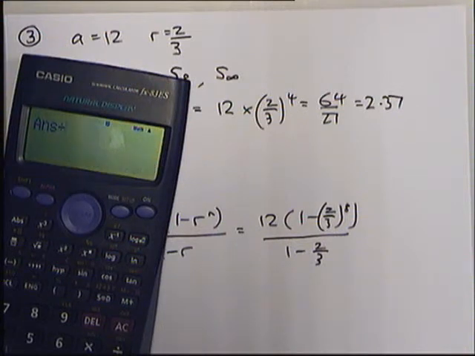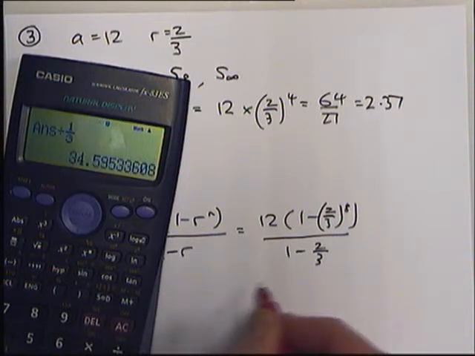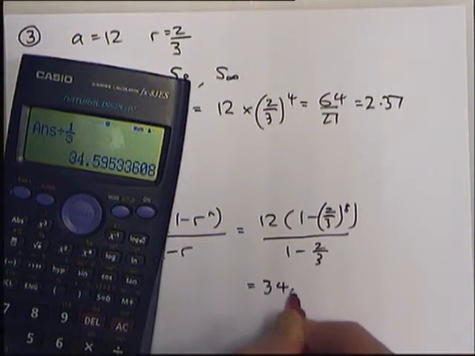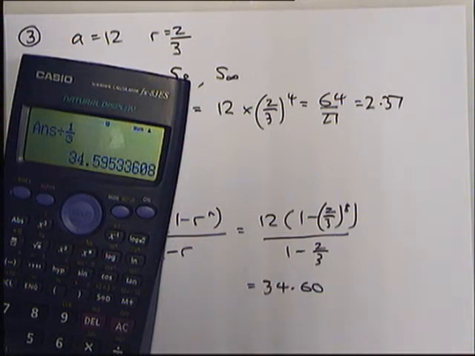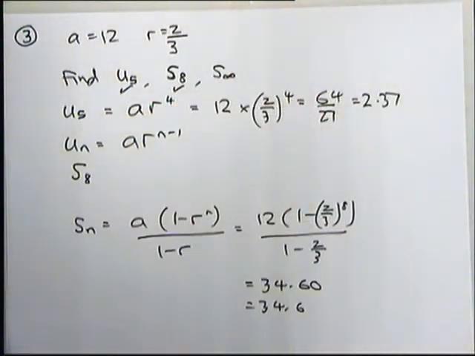So I need to divide that by 1/3. If I do that, I get an answer, and I can convert it into a decimal. That will be 34.60. Again, to 3 significant figures, it would be 34.6. I'll be consistent to 3 significant figures. That's that part of the question done.